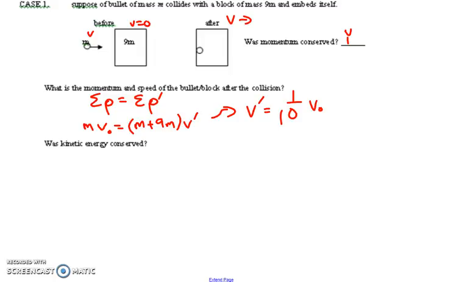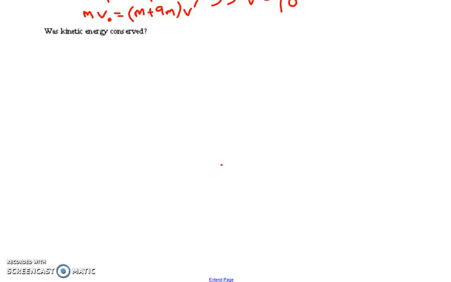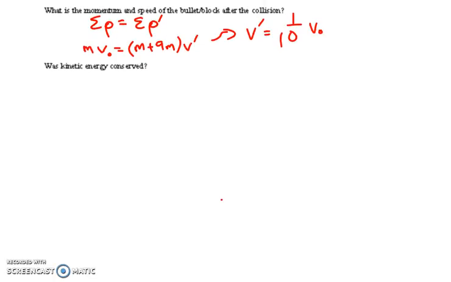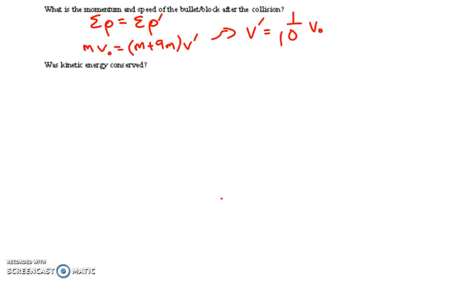Okay, so that should be a problem we're very, very comfortable with, and we don't need to put in actual numbers to understand it. The fact that the block has a huge mass compared to the bullet tells us it's going to move off with a relatively small speed. So the question is, was kinetic energy conserved there? Okay, well, we can look at KE before and KE after. Our original KE was 1/2 the little m times its velocity squared. That's pretty easy.